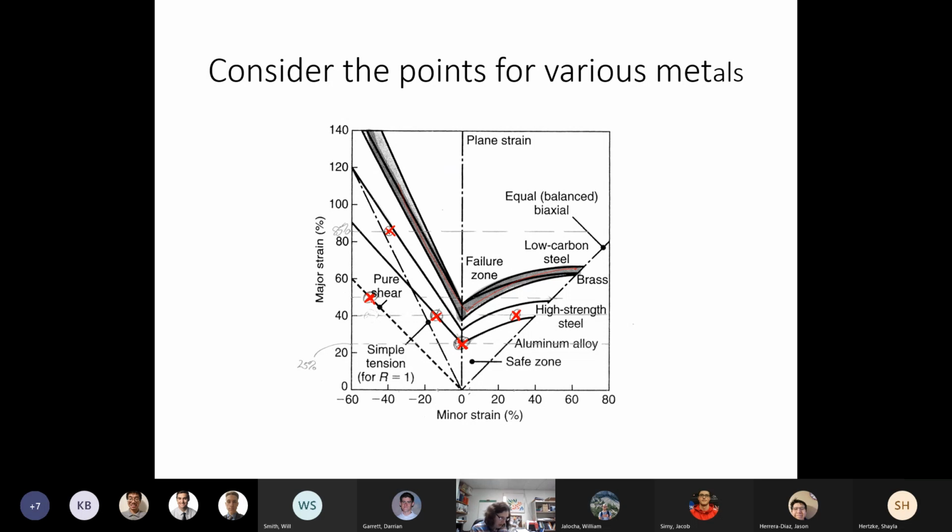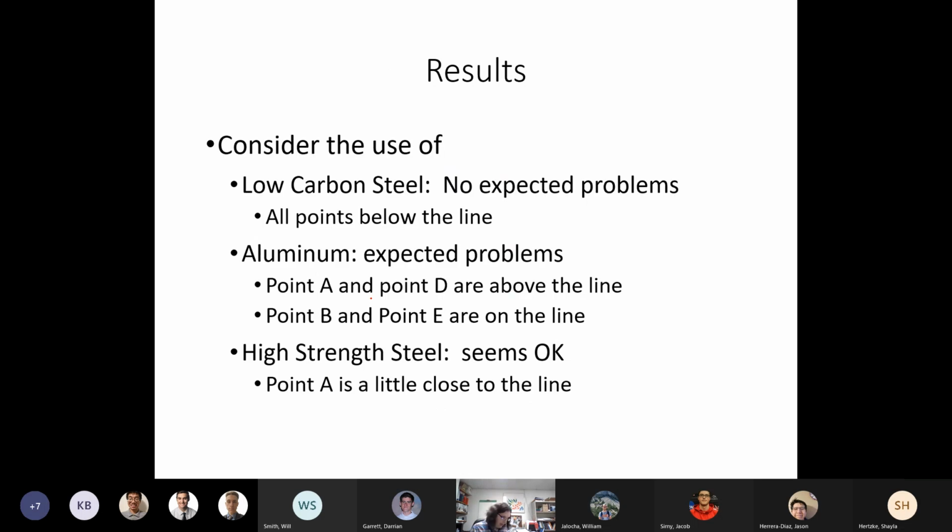Only this pure shear would be good. So aluminum would be a really bad choice because points A and D are above the line. So those are definitely going to fail. And then points B and E are on the line. And that's really, really tricky for this.